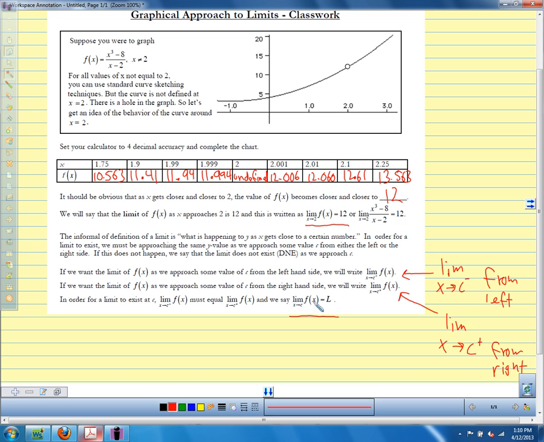So what we're going to do today is look at some graphs and decide what the limit is from the left, what the limit is from the right, and does the limit exist. That's really the point of the entire lesson today, deciding if these limits exist by looking at these graphs. So let me grab the next portion of your packet and we'll go through that.